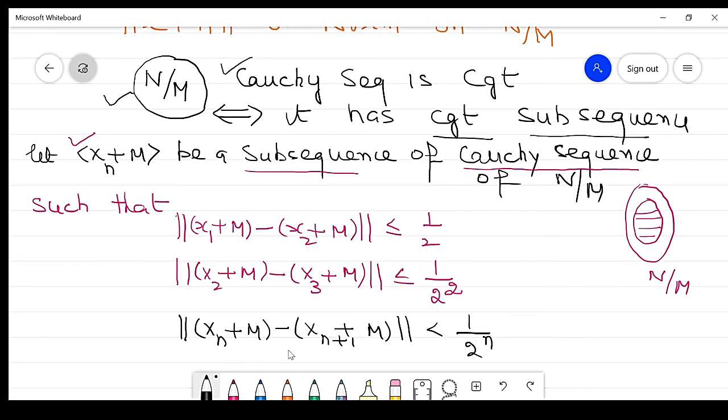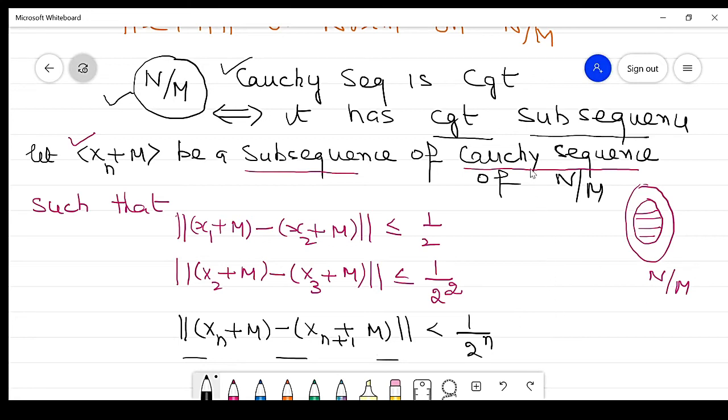Because by symmetry, here it is 1, here the power is 1, here it is 2, here the power is 2, here it is n, here the power is n, and we continue the process and so on.